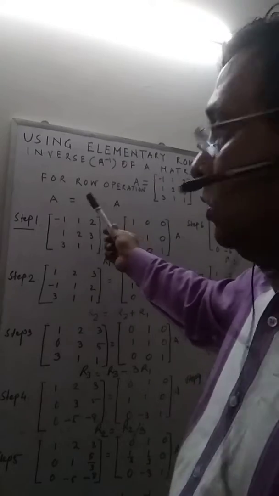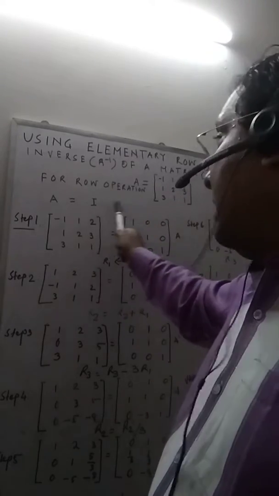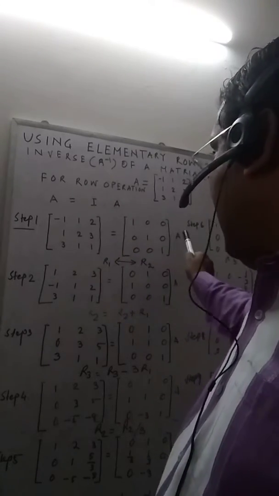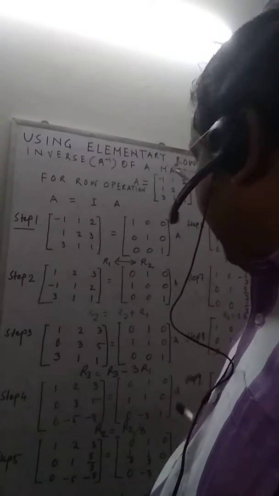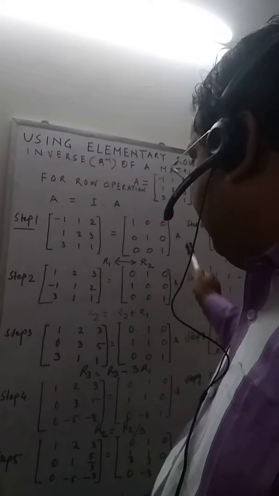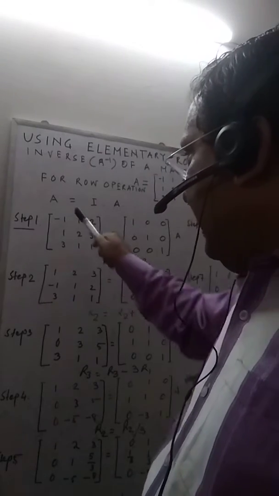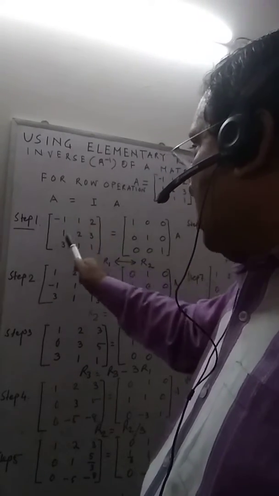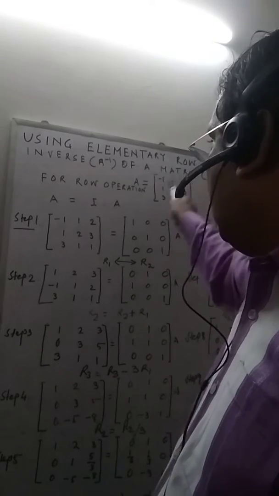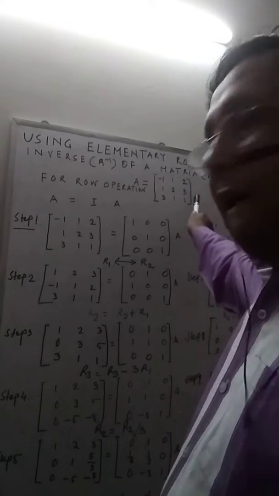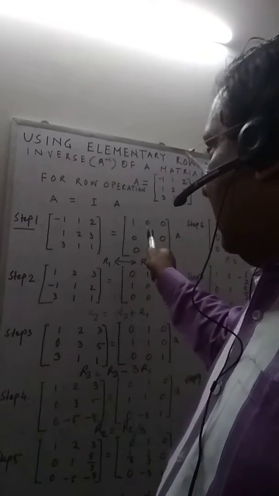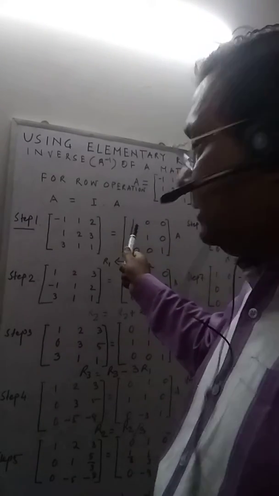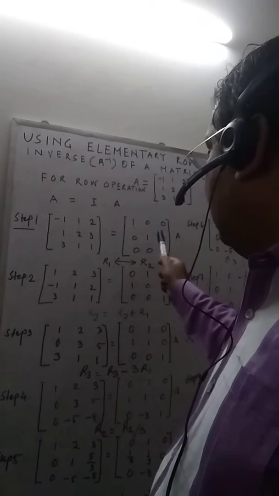For row operations, we always have to keep A on the right hand side, and this A will be kept constant and I will not change it. Only here I will replace A with the given matrix, minus 1, 1, 2, 1, 2, 3 and 3, 1, 1. And here is the 3 by 3 identity matrix, that is 1, 0, 0, 0, 1, 0, 0, 0, 1.